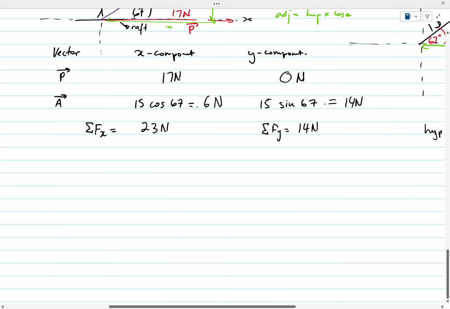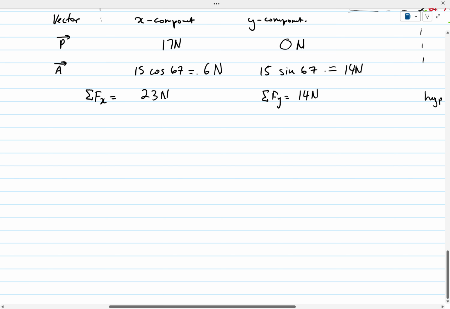What we're trying to look for is the acceleration in the x direction and the acceleration in the y direction. We're using Newton's second law. The sum of forces in the x direction is equal to the mass of the object times the acceleration in the x direction, and the sum of forces in the y direction is equal to the mass of the object times the acceleration in the y direction.